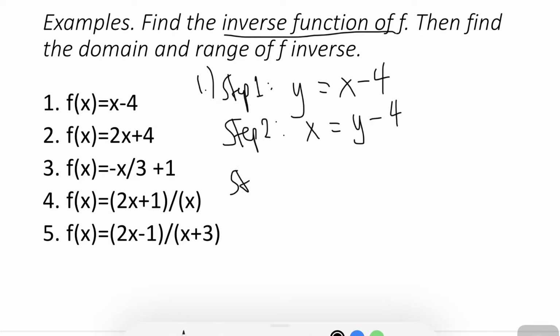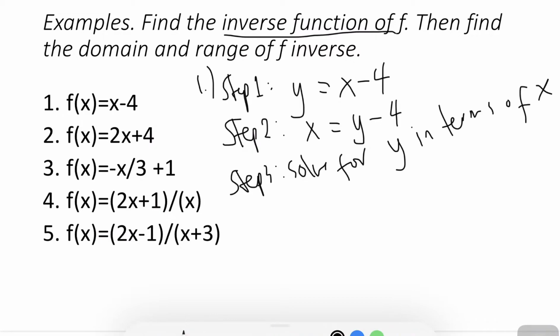And step 3, this is now your solve for y in terms of x. So by transposition, we have x plus 4 is equal to y. So this is now solving for y in terms of x.